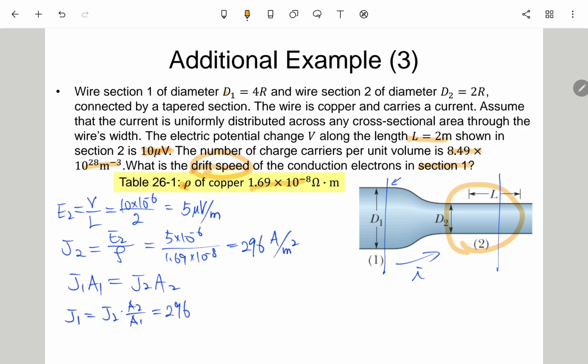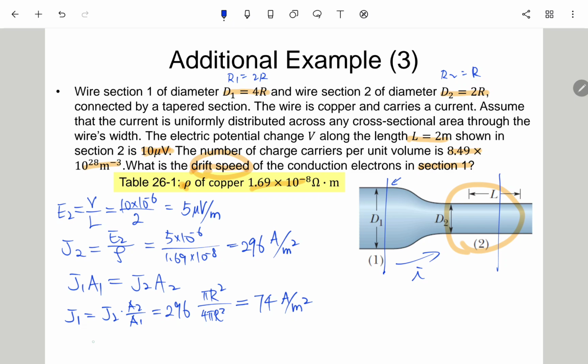The diameter D1 equals 4R, and D2 equals 2R, which means the radius R1 will be 2R, and R2 will be R. In that sense, A2 will be pi R squared, and A1 will be 4 pi R squared. So J1 will be 74 A per meter squared.